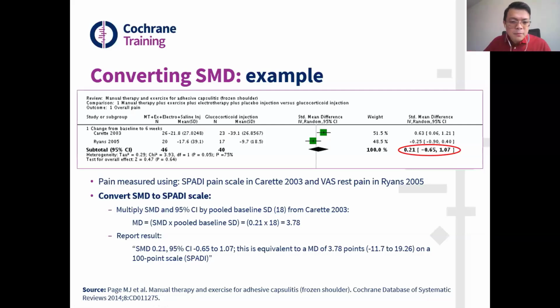So they said SMD of 0.21 with a 95% confidence interval, and this is equivalent to a mean difference of 3.78 with the corresponding confidence interval on a 100-point SPADI scale. Just a note that the accuracy of this back transformation from SMD to MD depends a lot on the pooled baseline SD that you use.